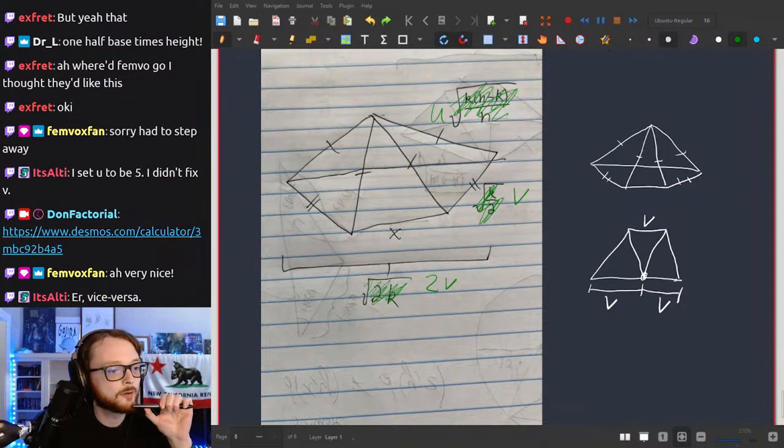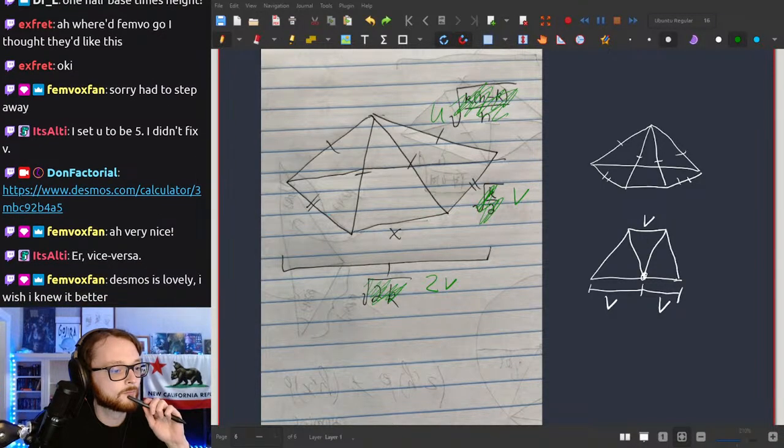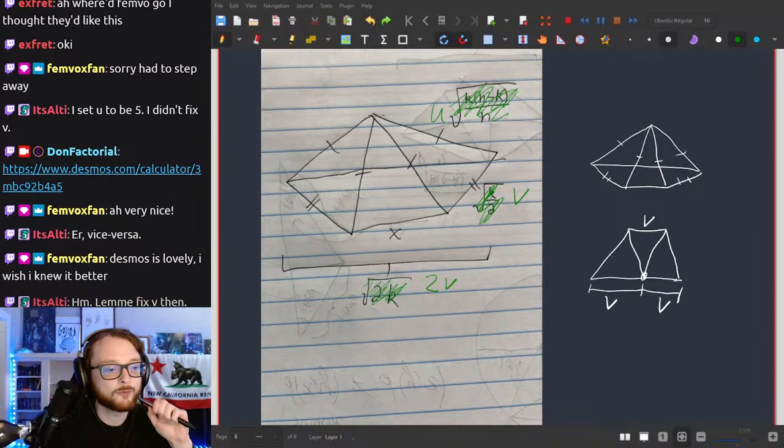Vice versa? Okay. Oh, but I think they're both supposed to be fixed though, either way. They're both given quantities. Yeah, same. I bet in GeoGebra you could make this and measure it more exactly.